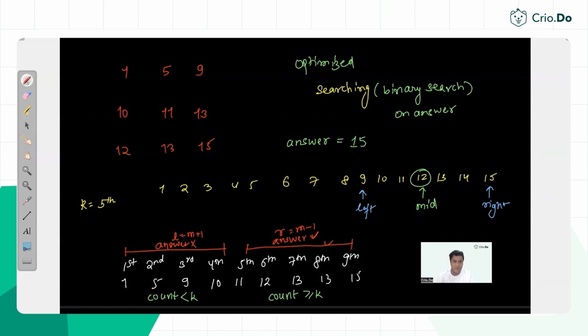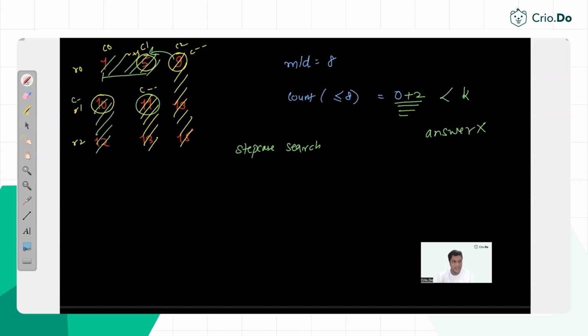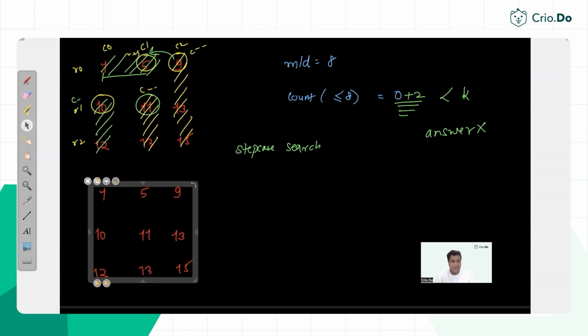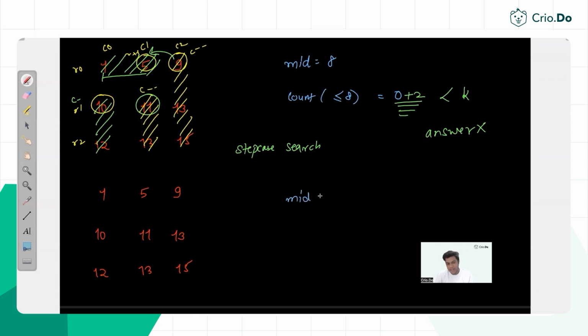Now I'm checking 12. Is it going to become the answer? So again, apply the same binary search. For that, I've just copied the matrix again. This time mid is 12. How many elements are less than equal to 12? Initially the count will be 0. Again, start the staircase search from the top right corner. Is 9 less than equal to 12? Yes, this time.